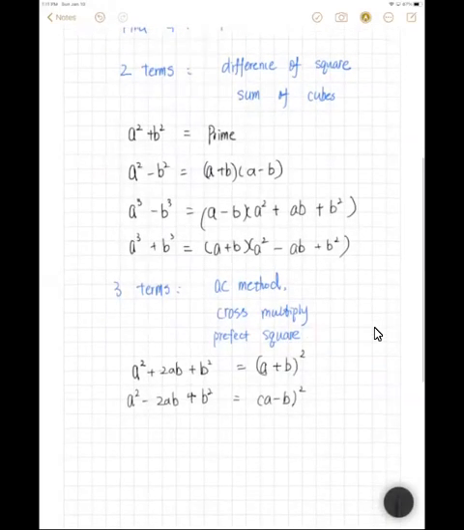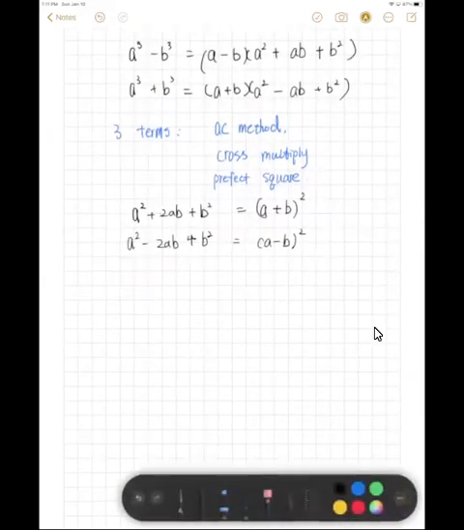Okay, so for the AC method, the idea is what? Two numbers multiply to equal the third number. Two numbers add together to equal the second term's coefficient. I think the AC method and cross multiply are quite similar.